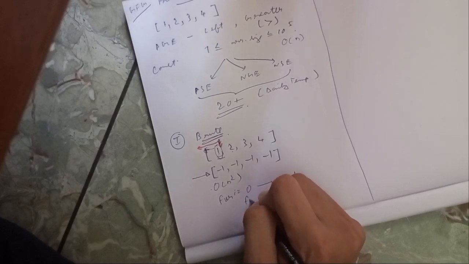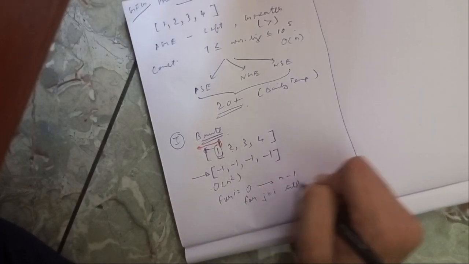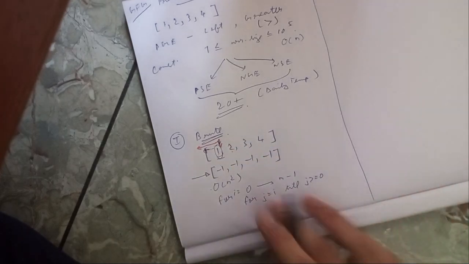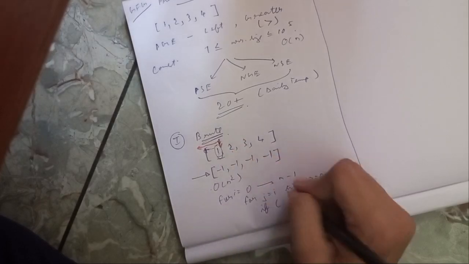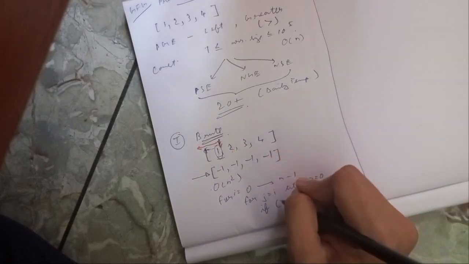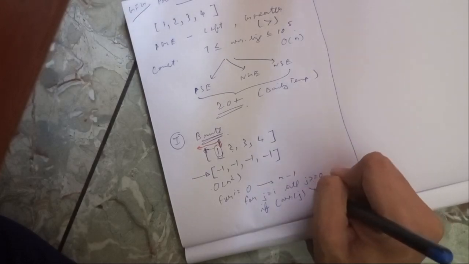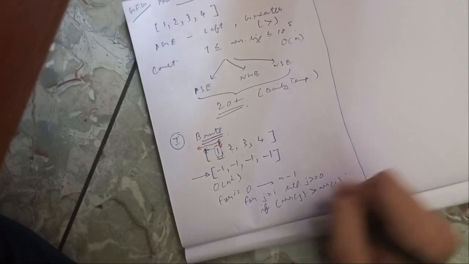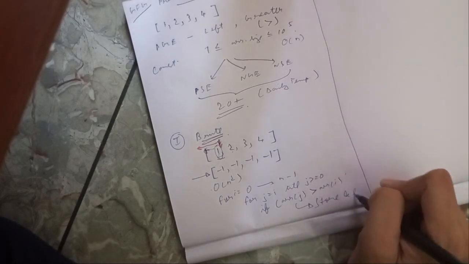So for j equal to i till j greater than or equal to 0, we'll check if that element, that is array of j, is greater than array of i, then we got our answer: store and break.